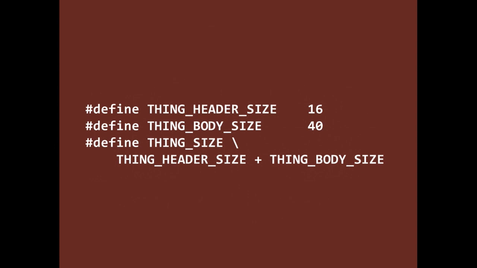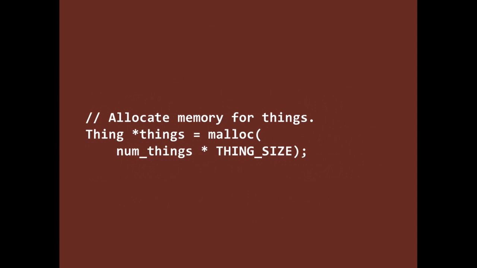So we write this, and then we write some code like that. We say, well, we need to allocate some memory for the things, so we take the number of things and multiply them by thing size. And this all looks completely fine so far, at least if we forget about how we define the macro.